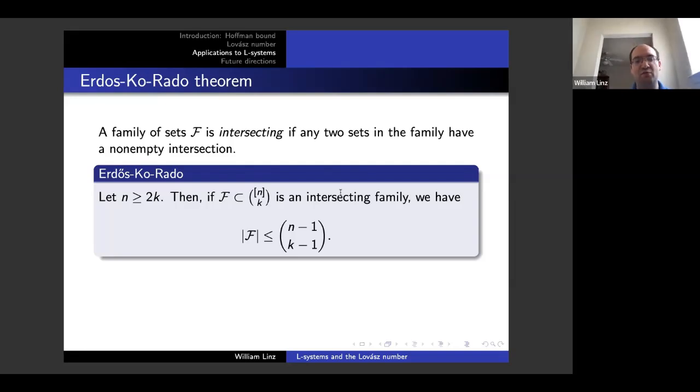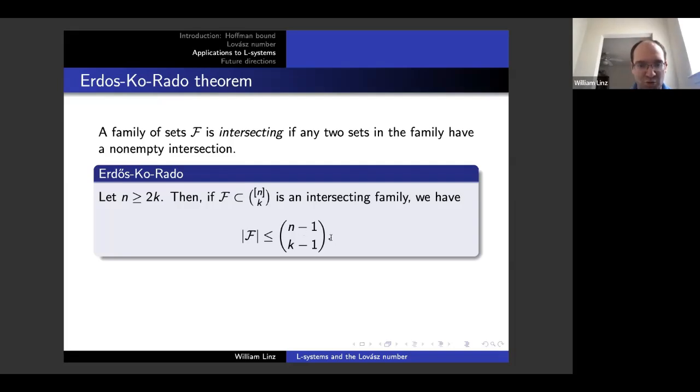The theorem proven by Erdős, Ko, and Rado is: if you've got a k-uniform intersecting family where all the sets are contained in a ground set of size n, then the size of F is at most n-1 choose k-1, and we need to assume that n is sufficiently big. In this case, sufficiently big means at least 2k.